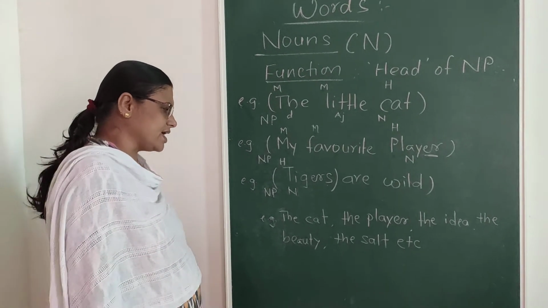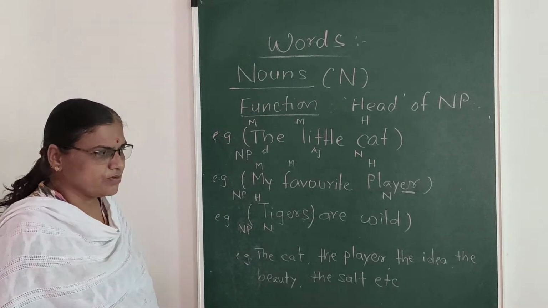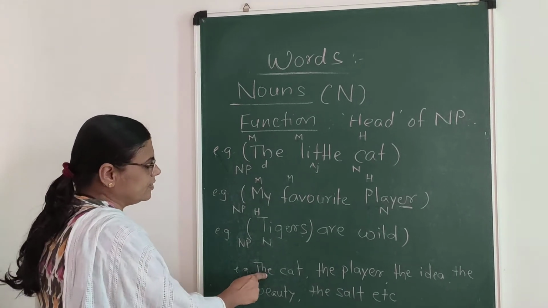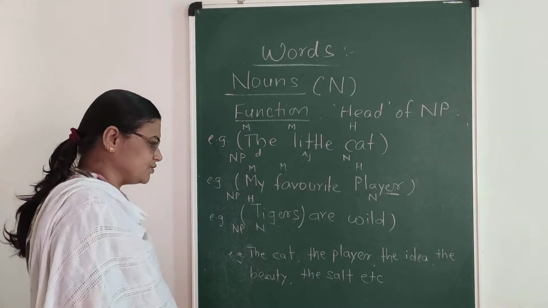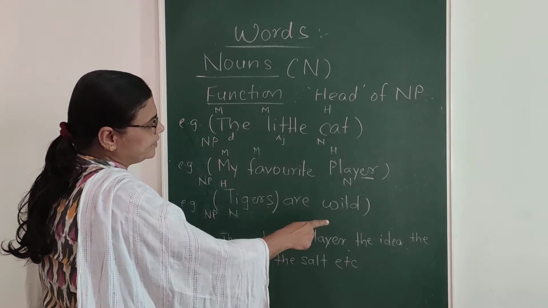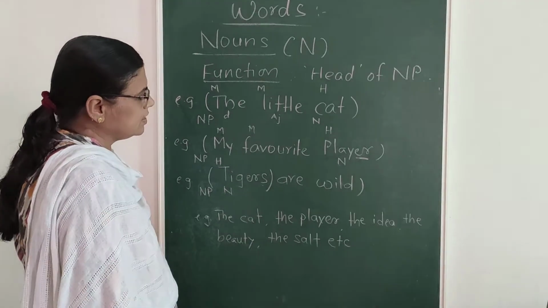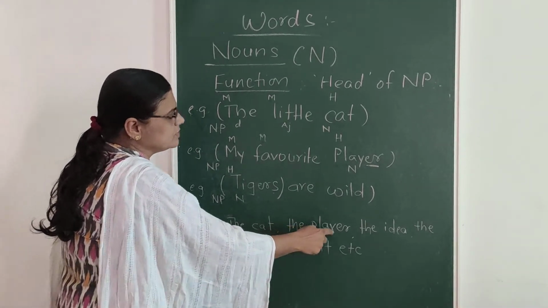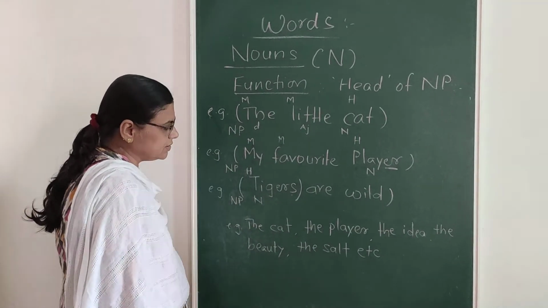Usually nouns take determiners with them. A very simple test to identify a noun: nouns take determiners with them. Determiners usually means articles. Now see, for example: the cat, the player, the idea, the beauty, the salt, etc. It means that all these nouns have some determiner, an article, with them.